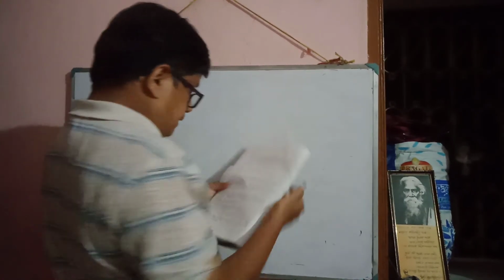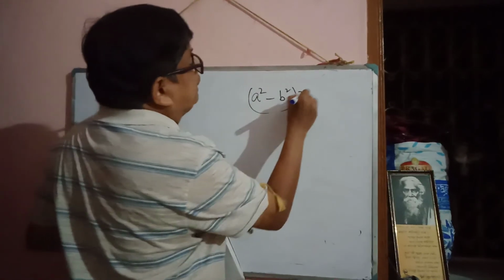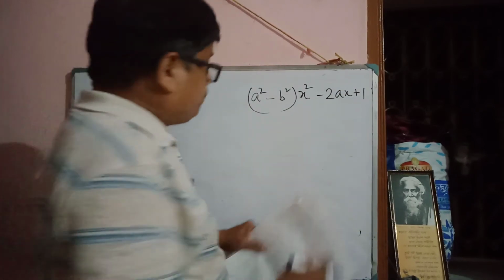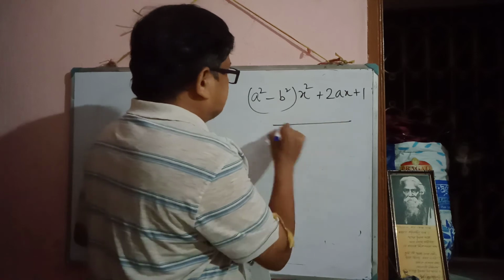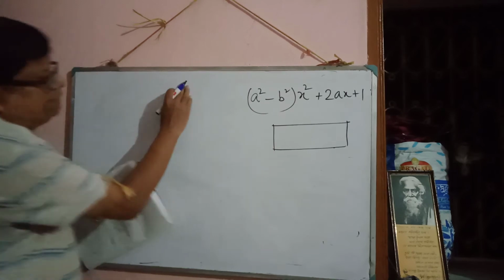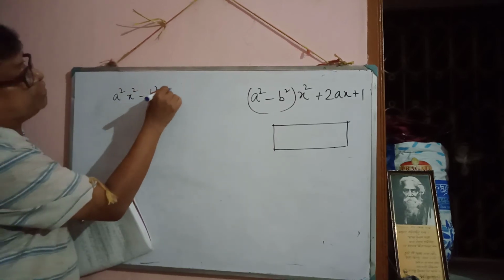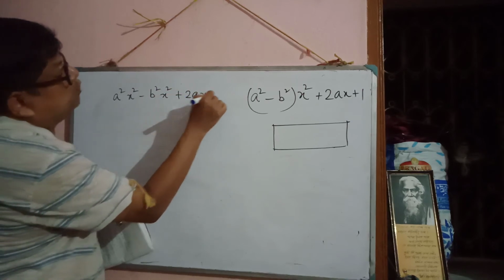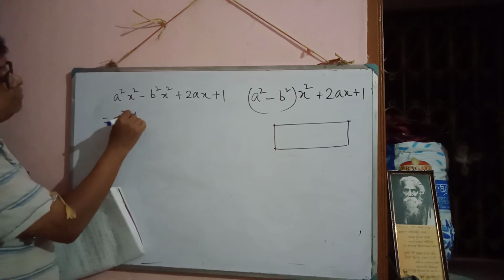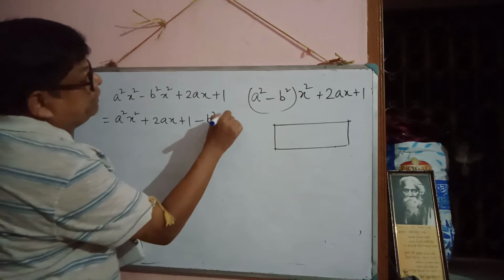Now one factorize. Suppose it's given a square x square minus b square x square plus 2ax plus 1. What is the answer? We can write a square x square plus 2ax plus 1 minus b square x square.